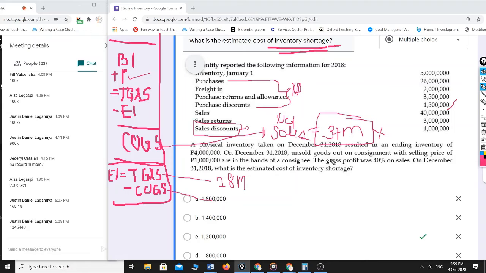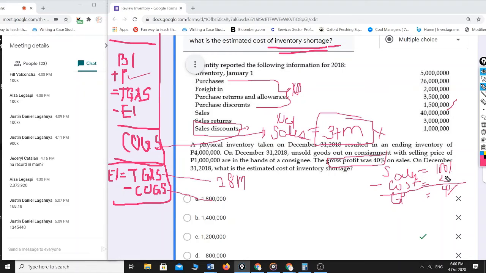So, as you can see, the gross profit rate is given. It means our sales is 100%. Right? Our gross profit is 40%. Sales minus cost is equal to gross profit. So, the cost rate or the percentage of cost is 60%. That is just 100 minus 40%. See?